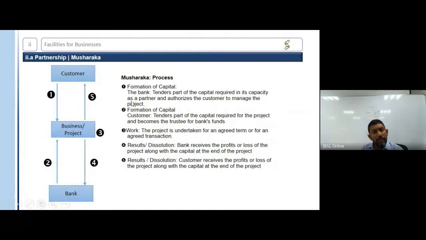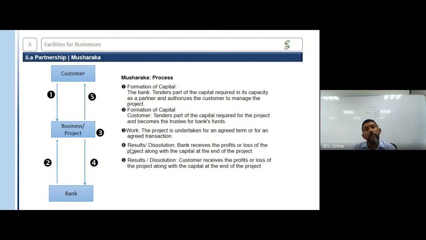So what we are saying here is that the Islamic banking facility is somehow different from the conventional banking facility, in the sense that the underlying profits or losses are shared rather than a price agreed at the outset.